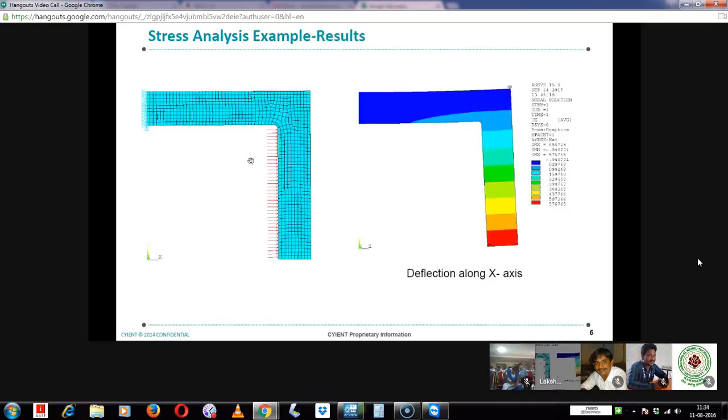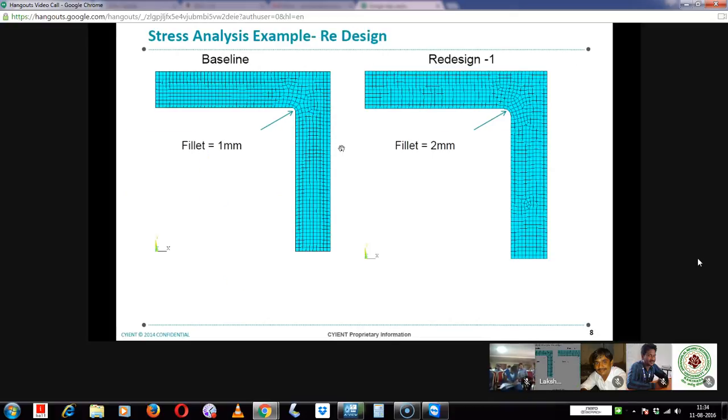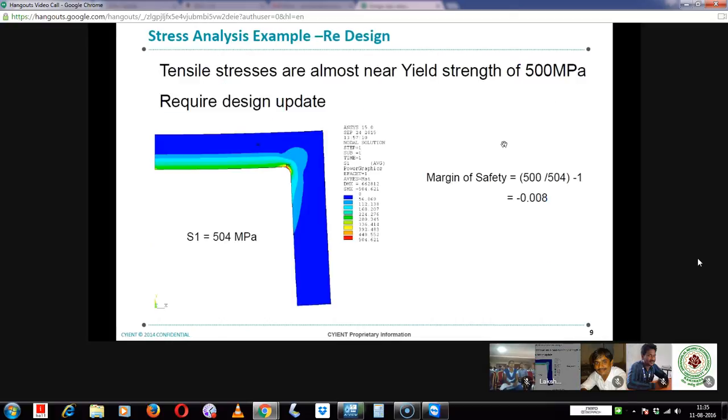If you see the stress, we are seeing very high stress at the fillet location. So here, can we redesign this fillet location so that it can reduce the stresses? The baseline configuration has only a 1 mm fillet. Now we'll go for a redesign with 2 mm, and let us see the stress contours.